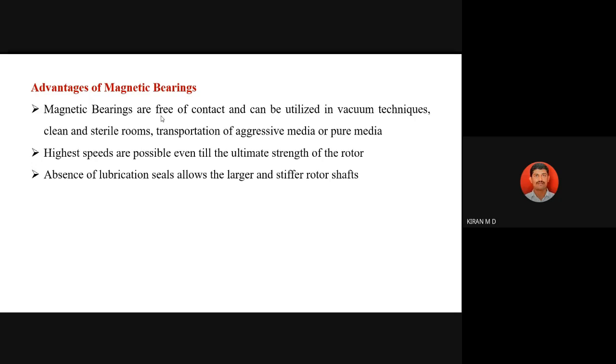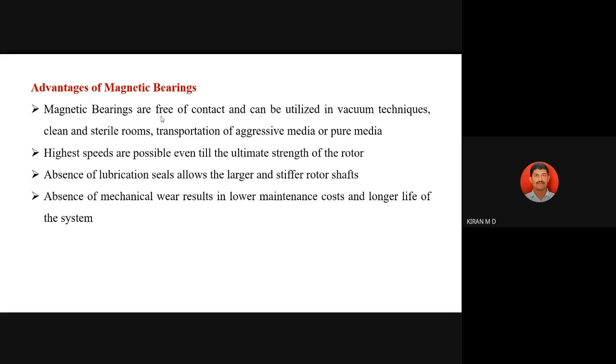But here there is no lubrication, so the seals support the shaft. Okay, and so it will provide stiffer and larger rotor shafts.